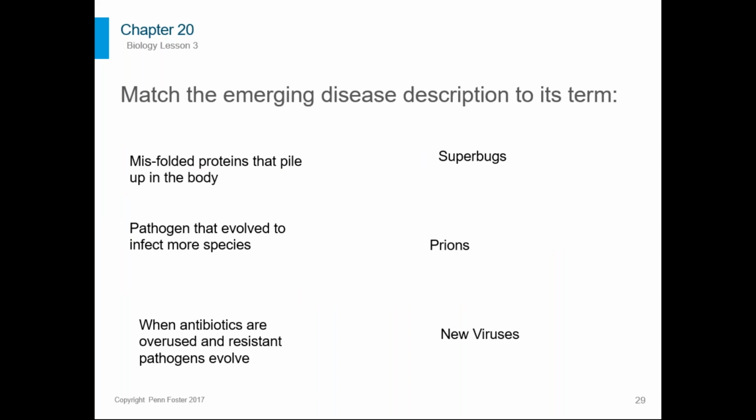And our last one, we've got those emerging diseases. So we talked about superbugs, prions, and new viruses. So I'll give you a few seconds to think about which is which. All right, misfolded proteins that pile up in the body and cause problems, those are prions.